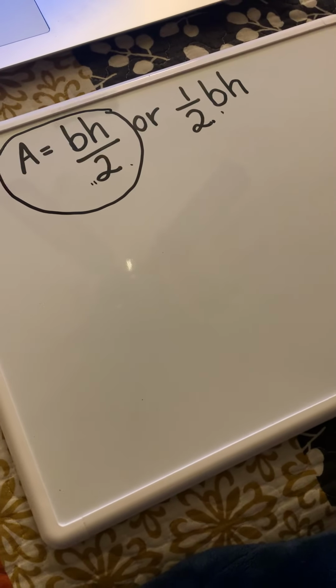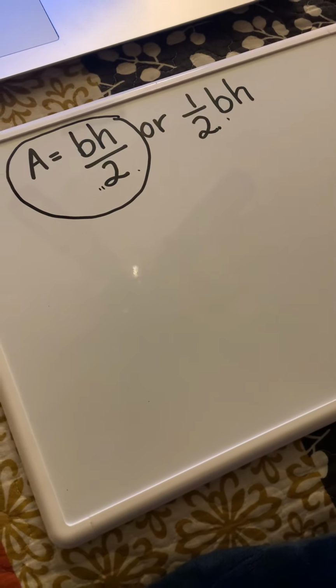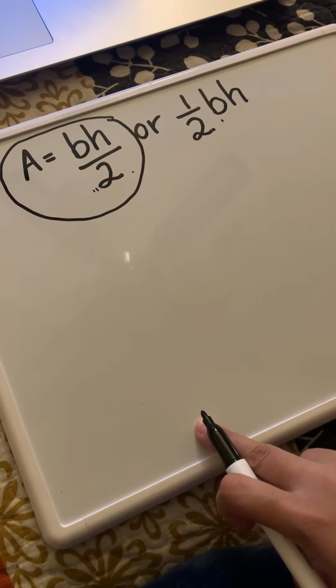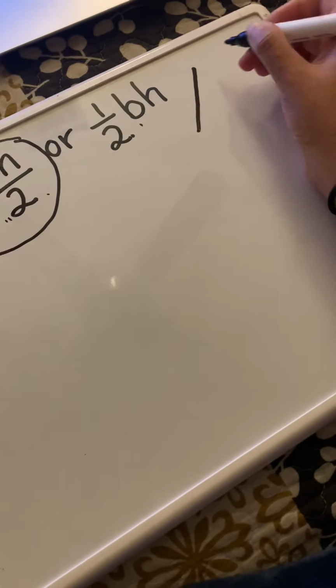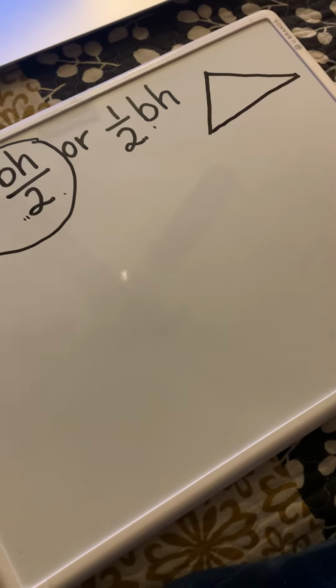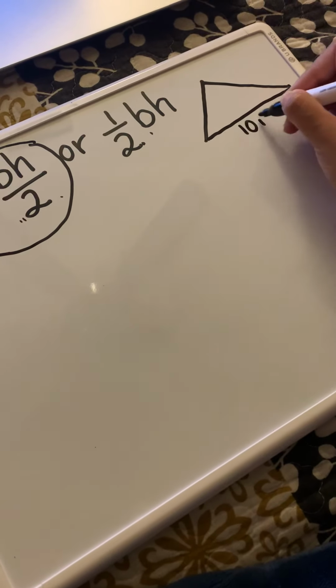So the most important thing in determining what the solution to your problems are is to figure out what the base and the height of a triangle are. So for example, this is not example 1, but let's say we have a triangle. This side length, let's say, is 10 inches.